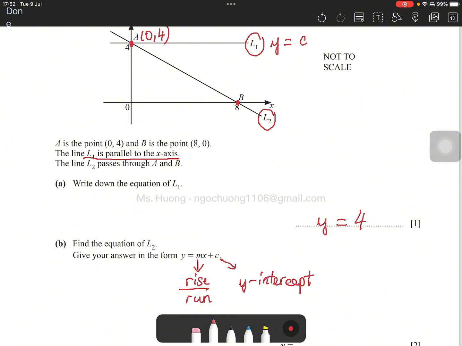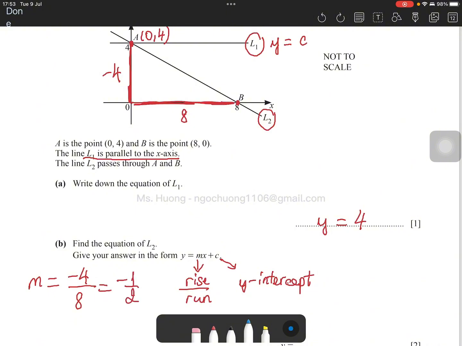We can see that the line L2 passes through A and B. So rise is here, -4. And the run is this one, 8 units. So the gradient m is rise -4 over run 8, which is -1/2.